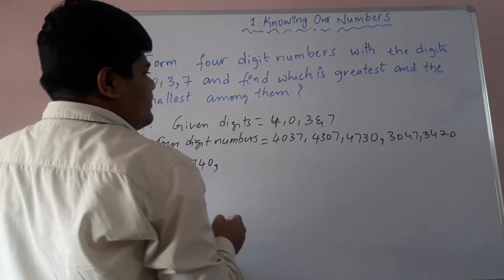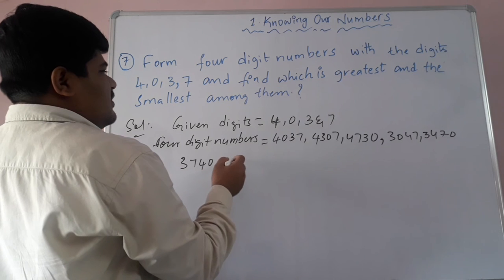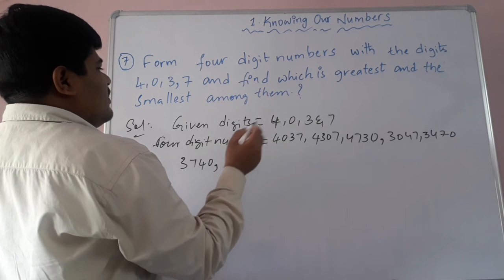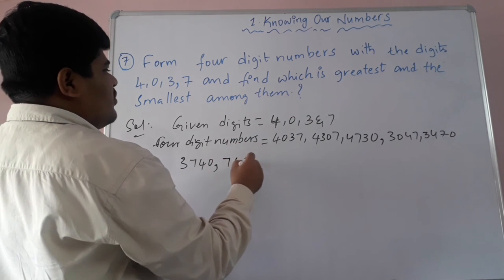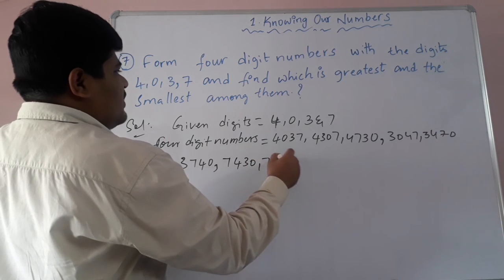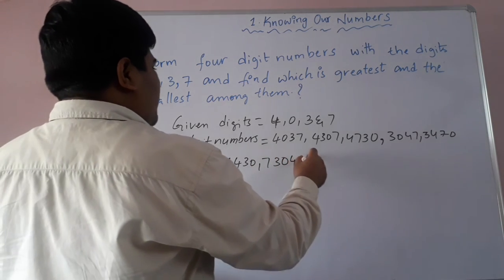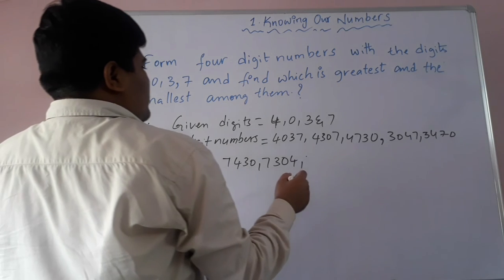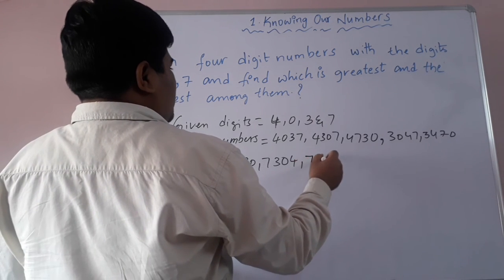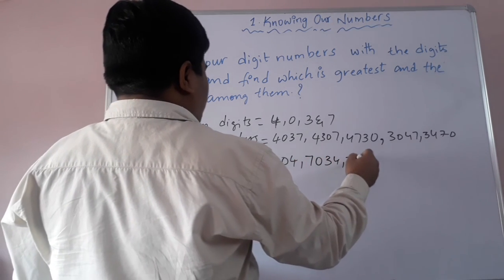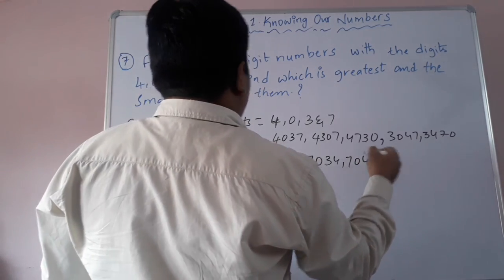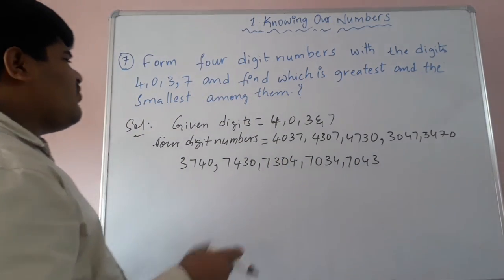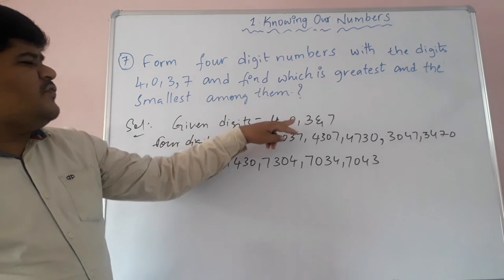Okay. Next, starting with 7, children. 7,430, 7,304, 7,034, 7,043. Okay, so children, these are the 4-digit numbers that can be formed with these 4 digits 4, 0, 3 and 7.